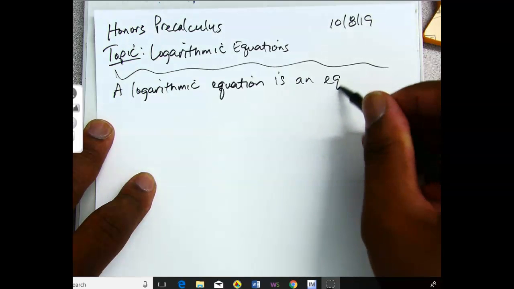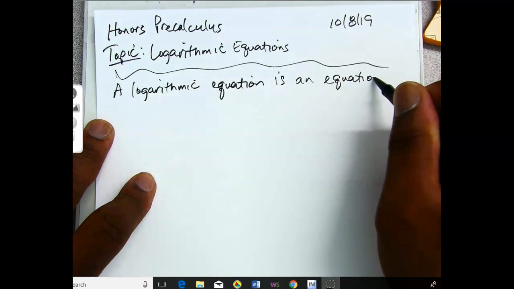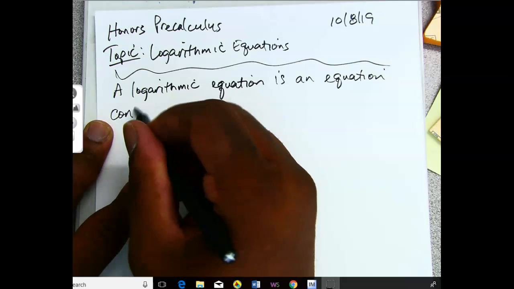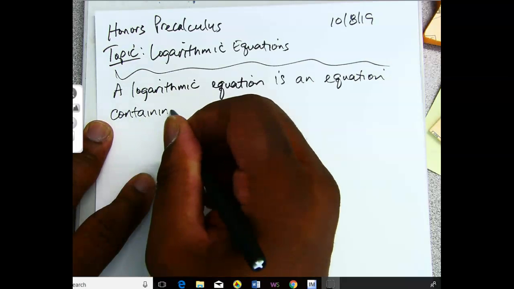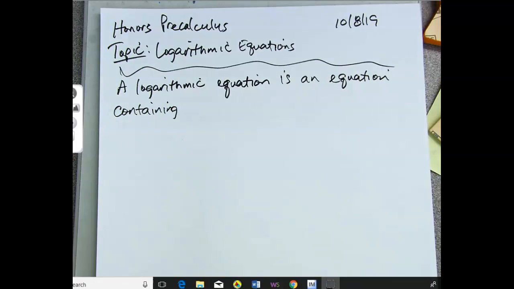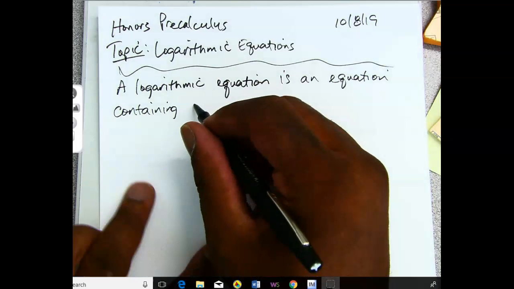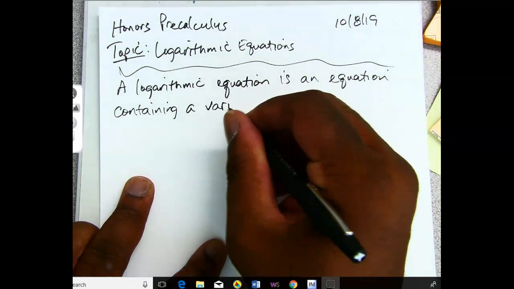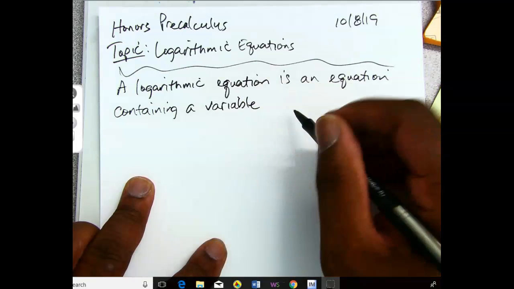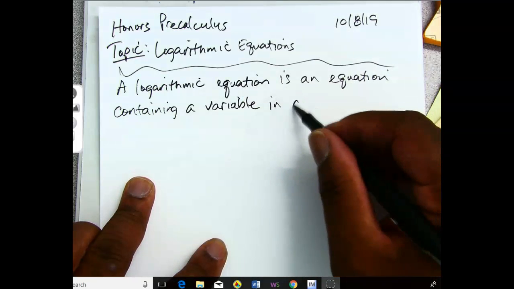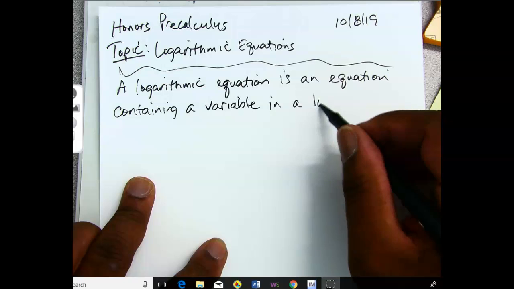So a logarithmic equation is an equation containing a variable in a logarithmic expression.